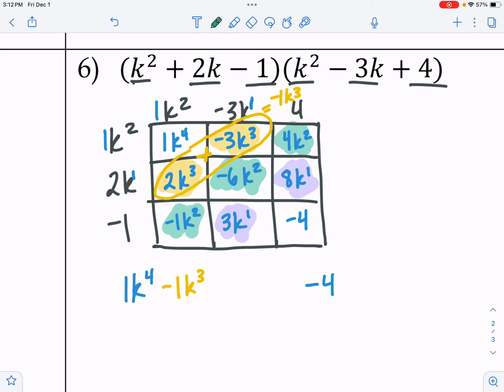And then for the k2s, we're adding up 3 terms. Okay, so negative 1 and negative 6 is negative 7, plus 4 would give us negative 3. Of course, you can use a calculator.